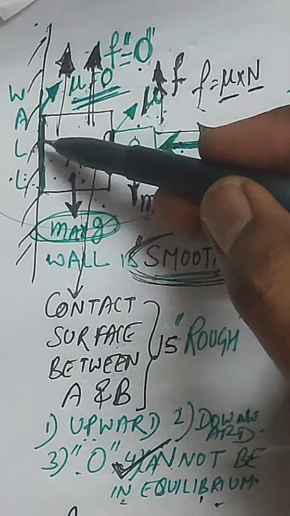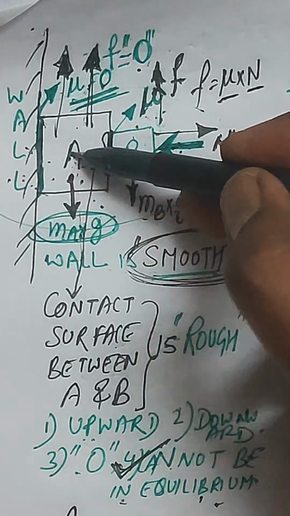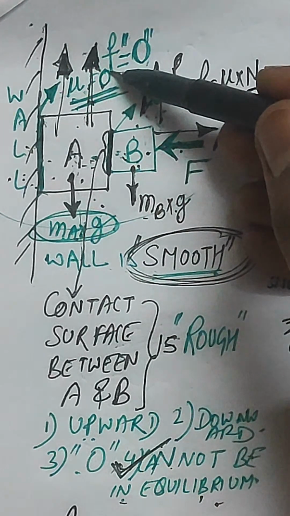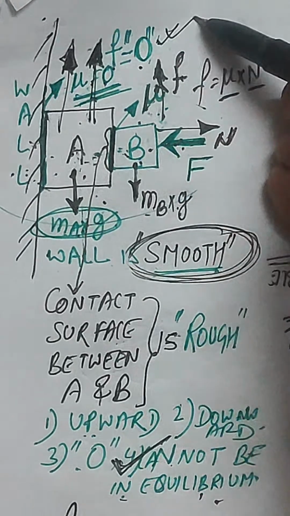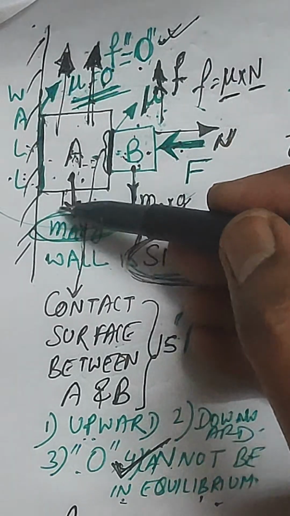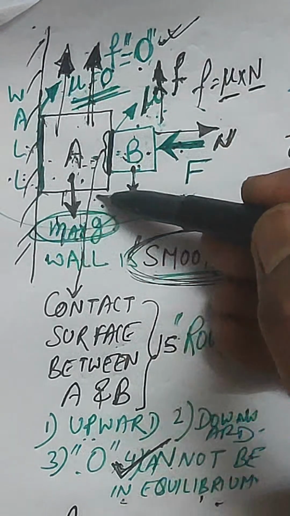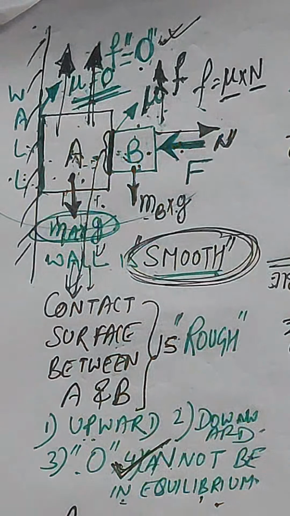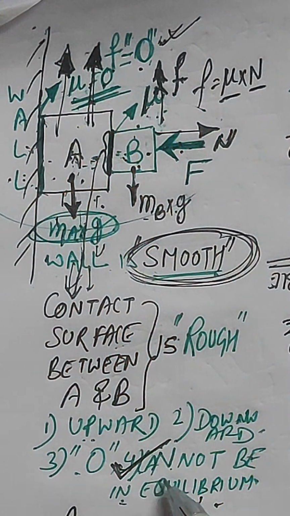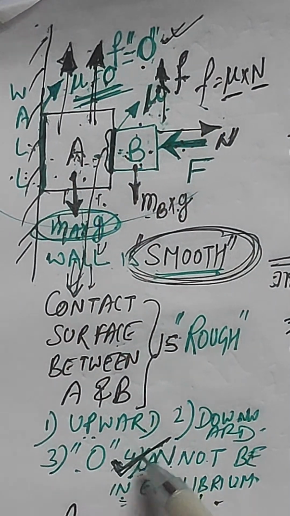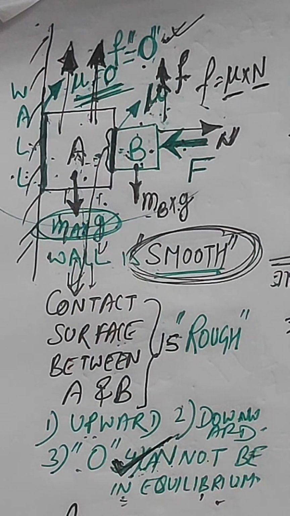And here the mu between the wall and A is 0, due to which the frictional force acting upward will be 0, and that's why the mass A will tend to go downward, and this entire system will not be in equilibrium. So this cannot be in equilibrium. The fourth option is the most suitable option, and that's why we have chosen it, right?